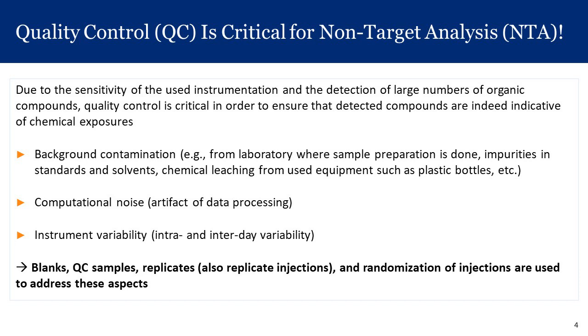And similarly, when we analyze these samples, we don't just analyze them on our high-resolution mass spectrometer once, but a subset of samples is typically injected or analyzed several times. And then another aspect that can also help to avoid any issues caused by instrument variability is to randomize your samples, to also take that aspect out.